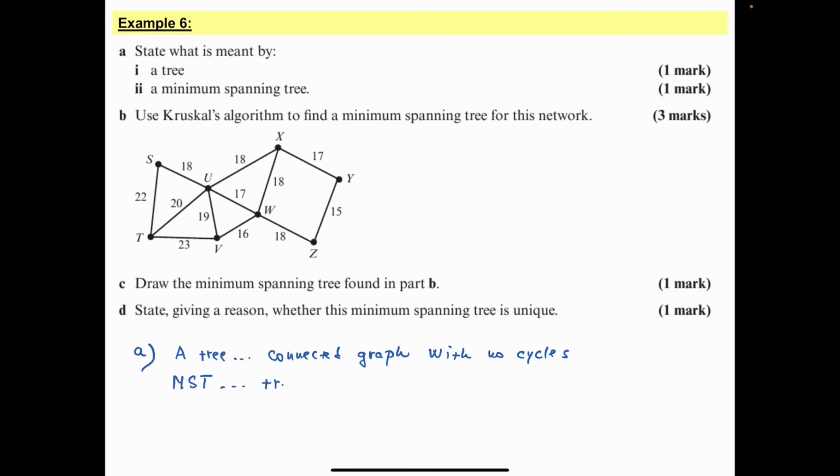A minimum spanning tree is a tree with the minimum total weight of edges which connect all vertices.